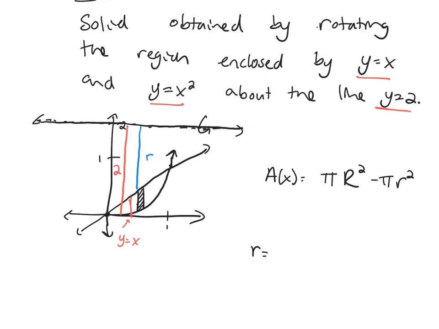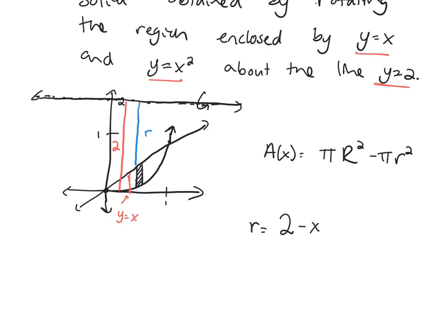So to get blue, I've got to take the bigger red and subtract the smaller red. So my little r is going to be 2 minus x.